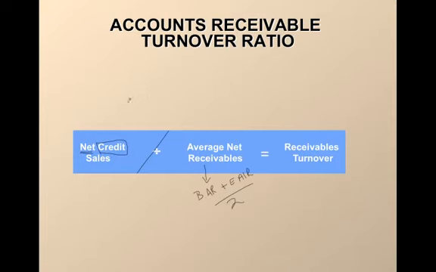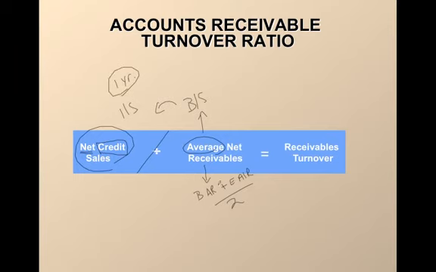Remember, when you compare a balance sheet item to an income statement item, you have to take the average of the balance sheet item so that it compares the same time period. For example, if this income statement is for 1 year, so this net credit sales is for 1 year, then you need 1 year of average receivables.